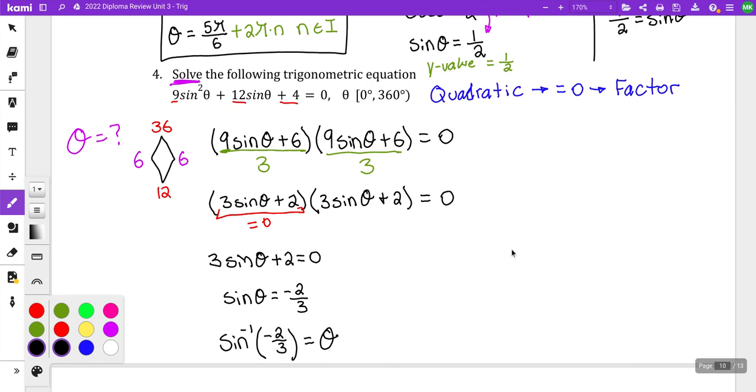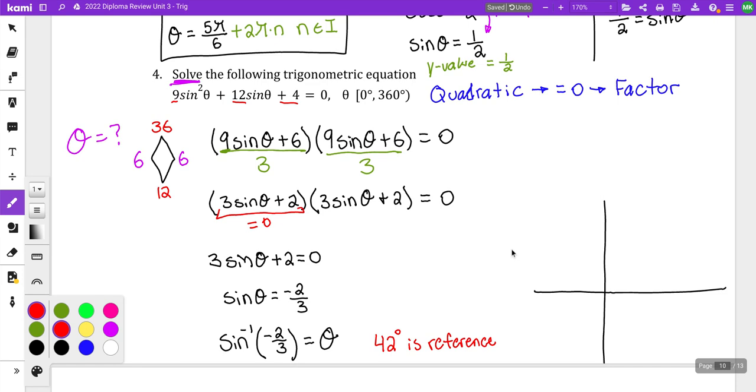Now, that would be a reference angle. It's not the theta that solved this equation. That's the reference angle. Theta that solved this equation would be in standard position.